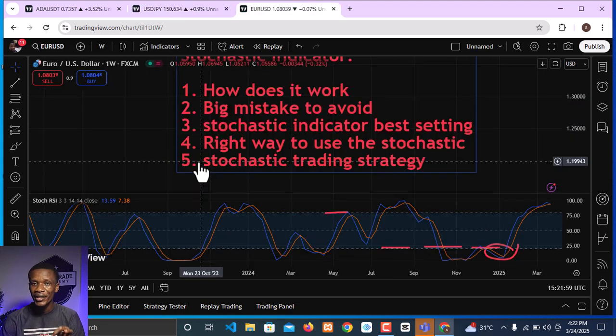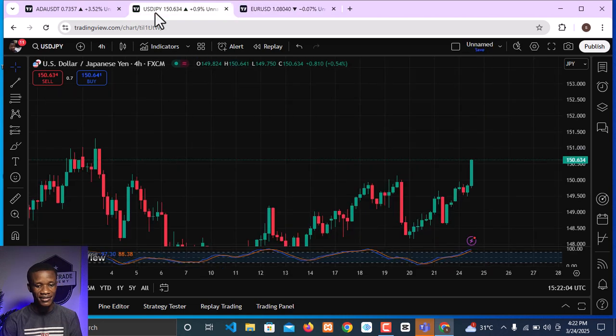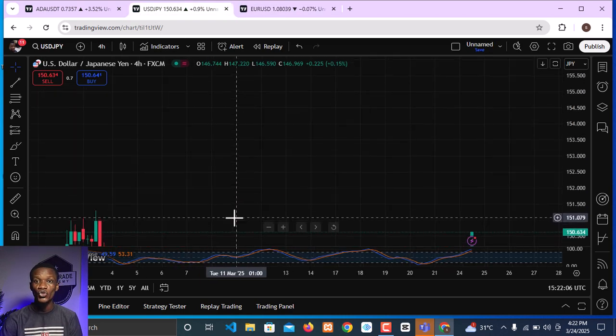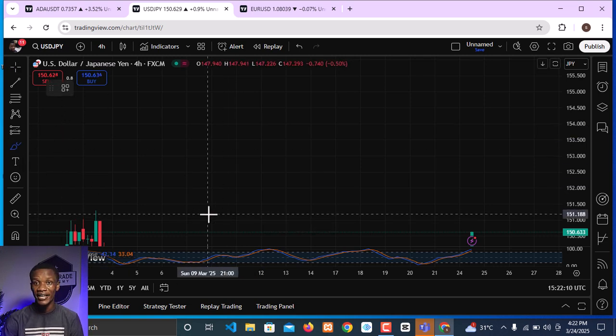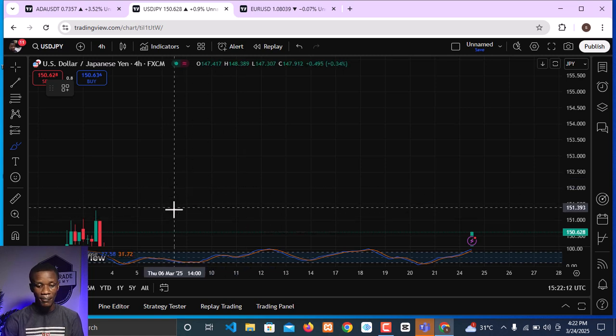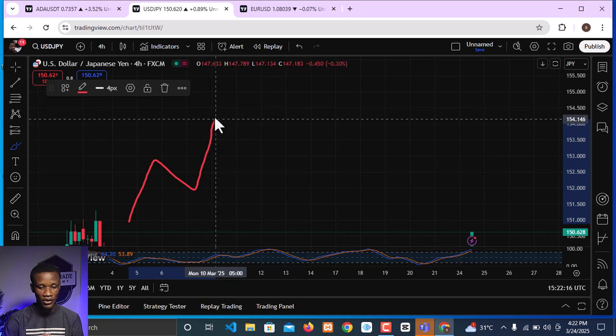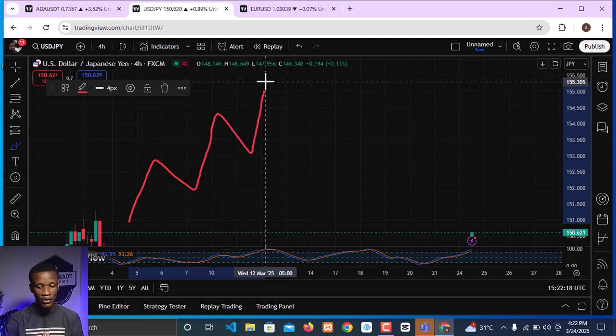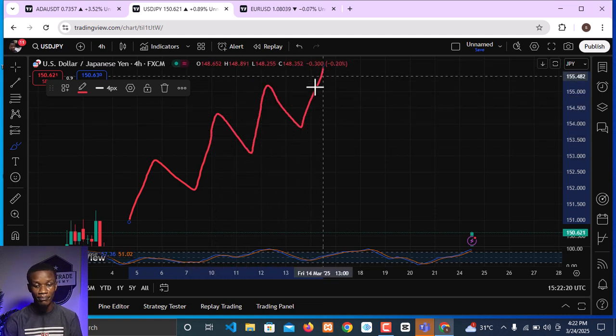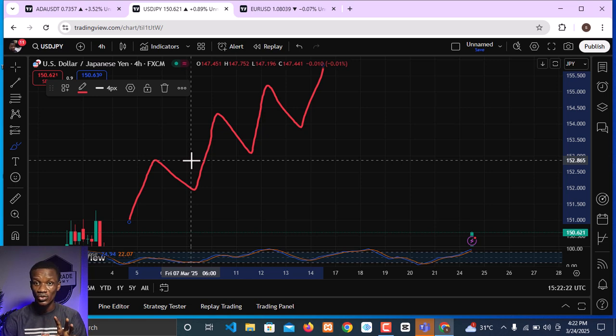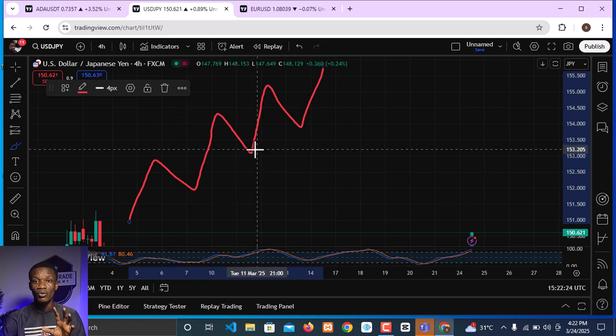The right way to use the stochastic indicator, if you come right here on the chart, for you to use the stochastic indicator the right way, you have to define your trend. Let's say, for example, the market is moving upward, the market moves impulsive, then retracement, impulse, retracement, impulse, retracement, and another impulse. For you to use the stochastic together with this, you must define your trend.